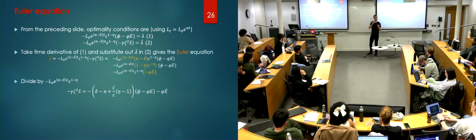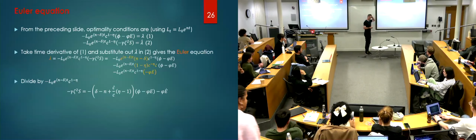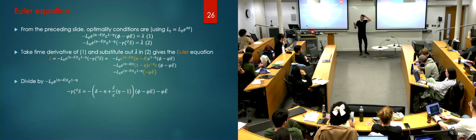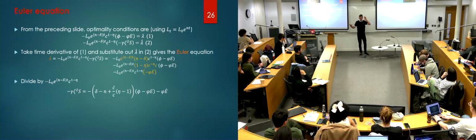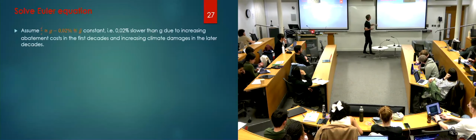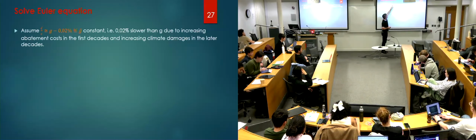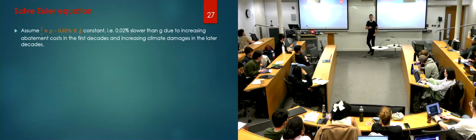Even though we have level damages in the transition, we get a less fast transition. Now, if you look at these costs, neither the damages nor the abatement costs can affect the growth rate by much. We simulated it, and it's never more than 0.2% of the growth. So we're going to assume a slightly lower constant growth rate to solve the model.